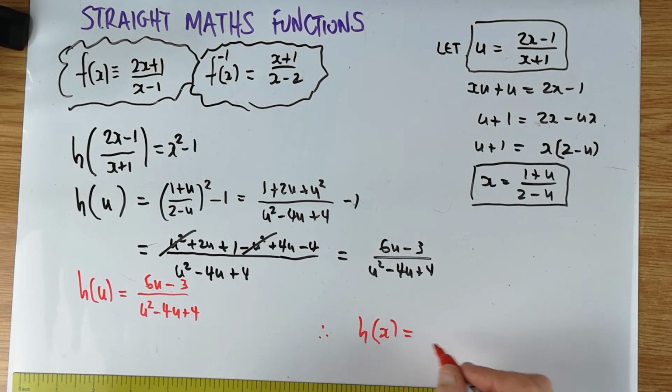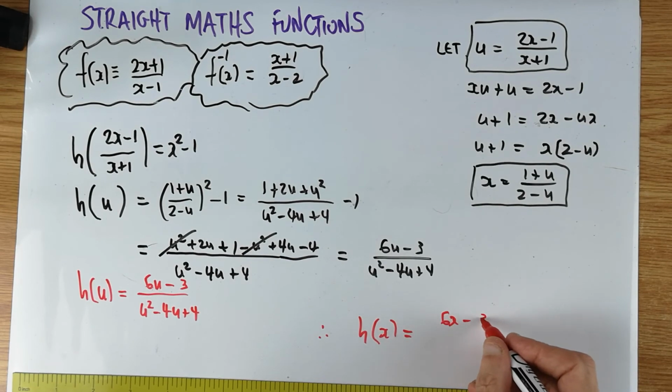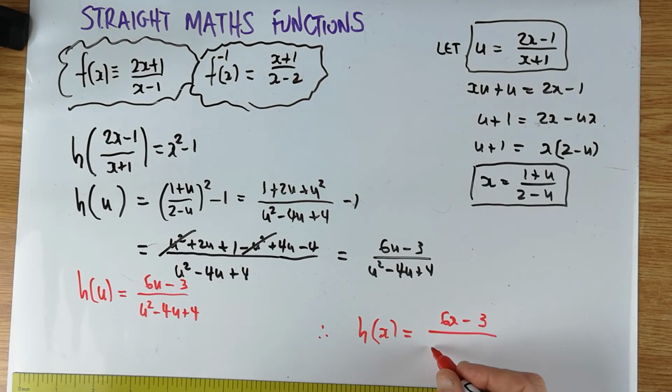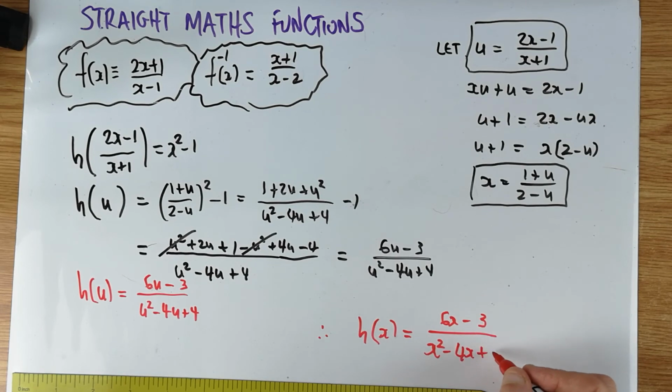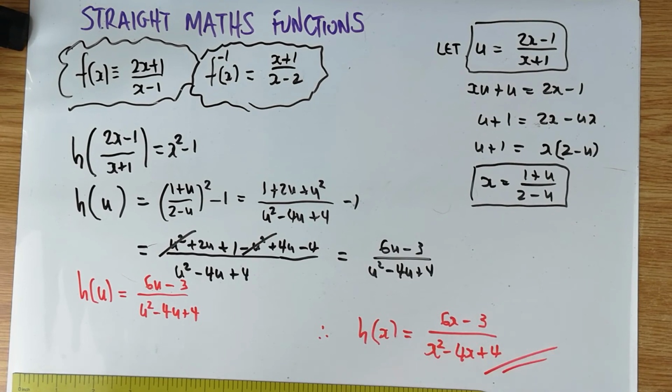So h of x is of course 6x minus 3 over x squared minus 4x plus 4, and you can check these compositions afterwards. If you want to check, does it do what is being claimed that it does? Of course it does. And you can check your work that it has been done correctly.